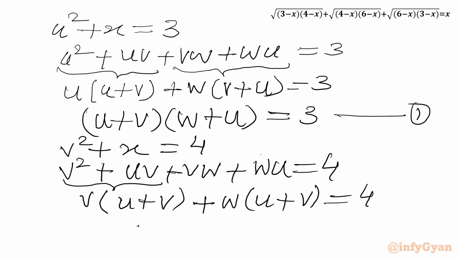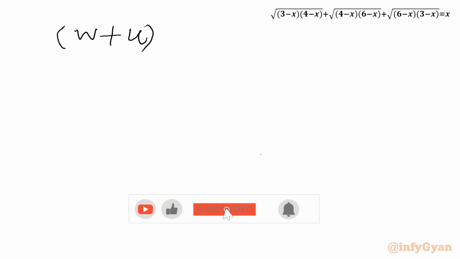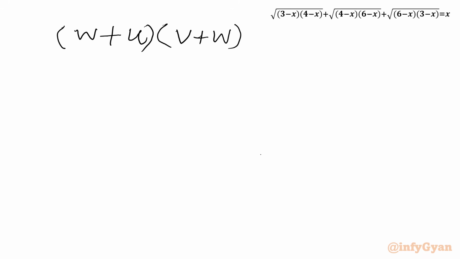We get our second equation, v plus w times u plus v equal to 4. This is our equation number 2. Now we will take up the third equation. It is w square plus x equal to 6. We will get the result which I am writing here, that is w plus u times v plus w equal to 6. Here we'll write equation number 3.